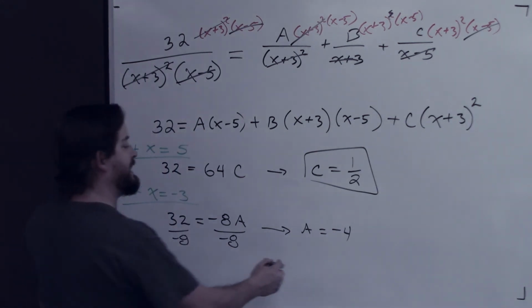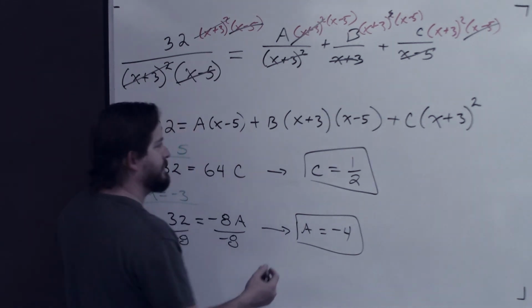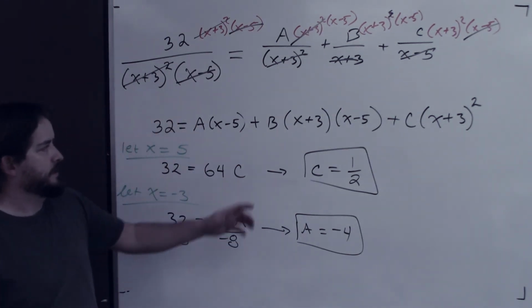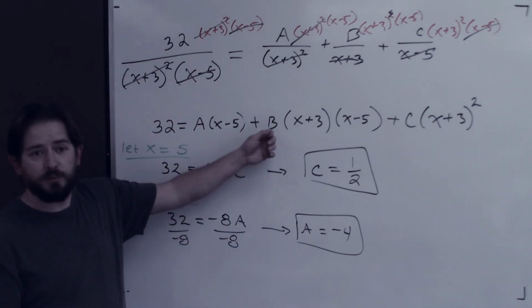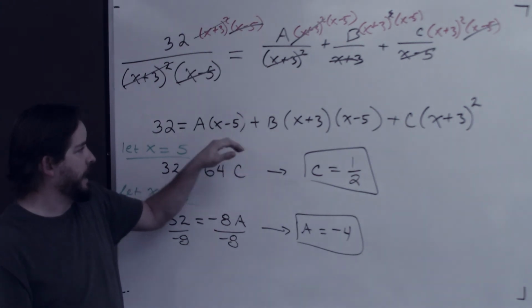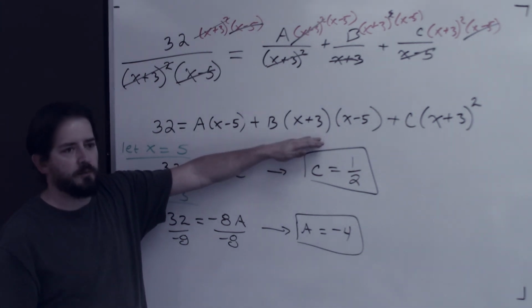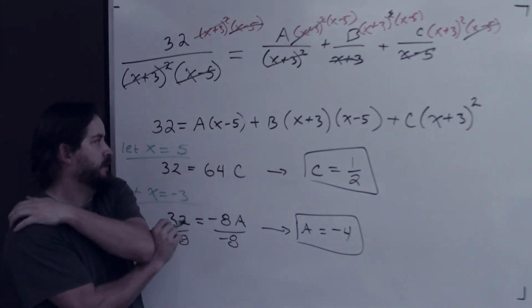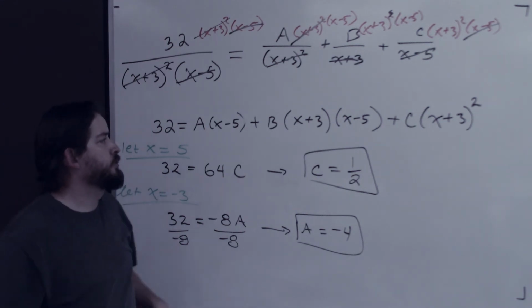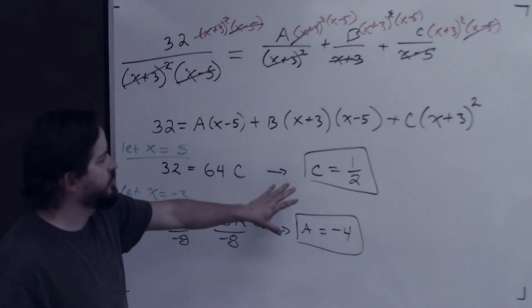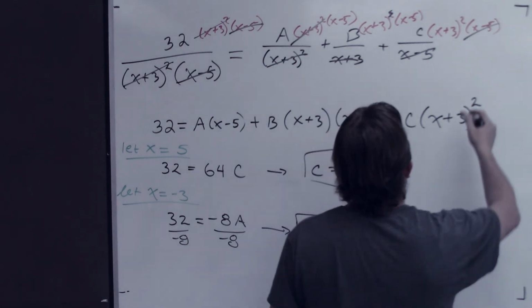And I found A and I found C, but I can't use this method to solve for B because I can't eliminate A and C and not eliminate B. It doesn't happen, right? So what do? I'm going to make note of these, write them somewhere else perhaps.